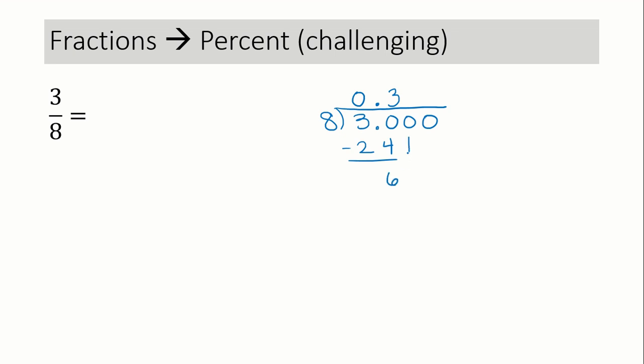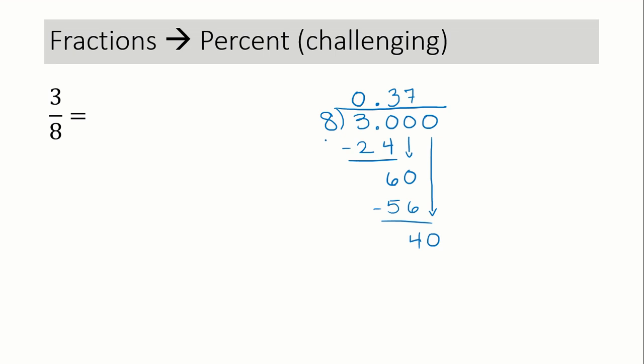All right, well, let's bring down the next 0, make this 60, and repeat those steps. 8 goes into 60 7 times, and then we multiply again. 7 times 8 is 56. Again, let's subtract and see what we're left with. We have 4. All right, well, let's bring down that next 0 to make 40.